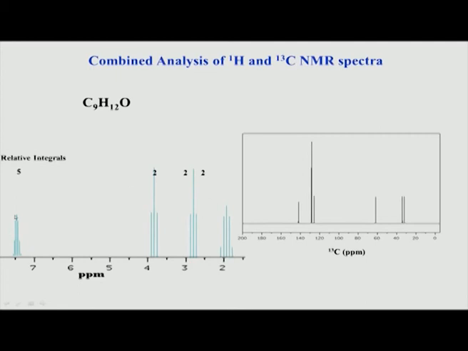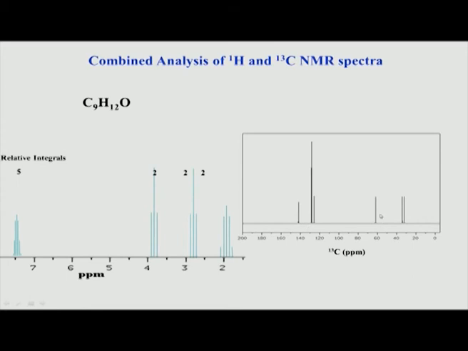Now, if you look at the bunch of peaks here between 7 to 8, and similarly a bunch of peaks here, remember this all corresponds to aromatic groups. So, there is an aromatic moiety in this molecule, and there is an OH group. If there is an OH group, you expect a downfield shift for the hydrogen near the OH, that is CHOH.